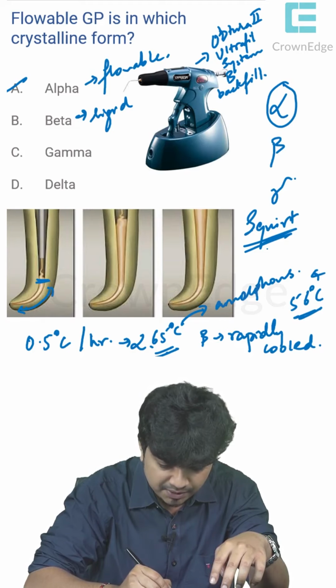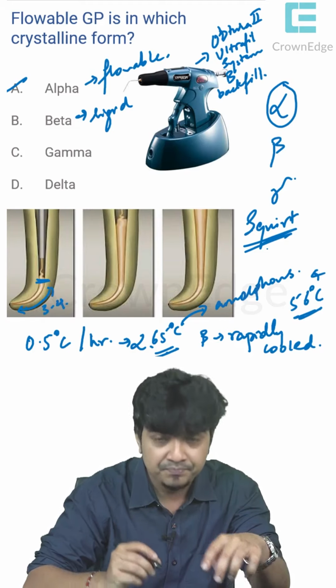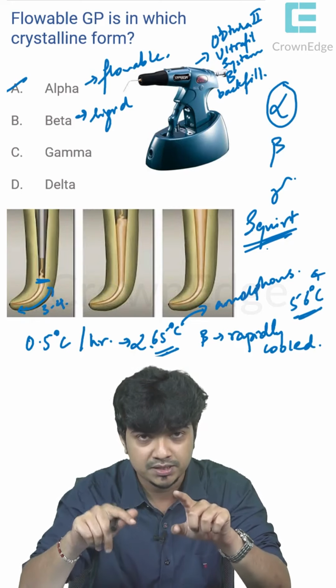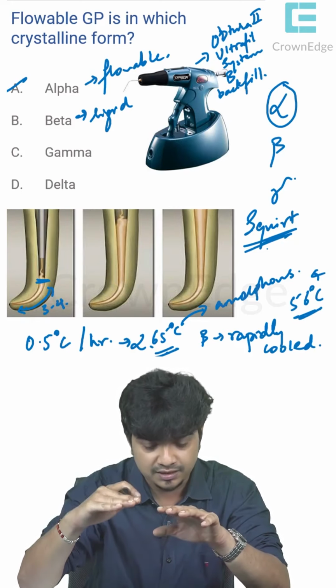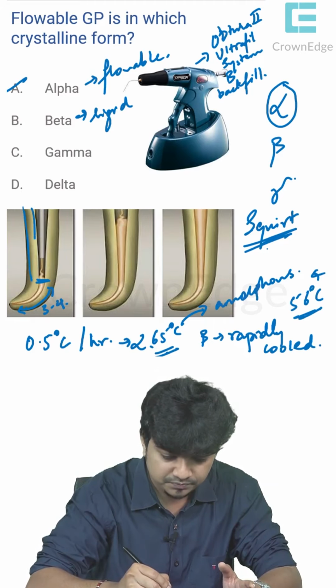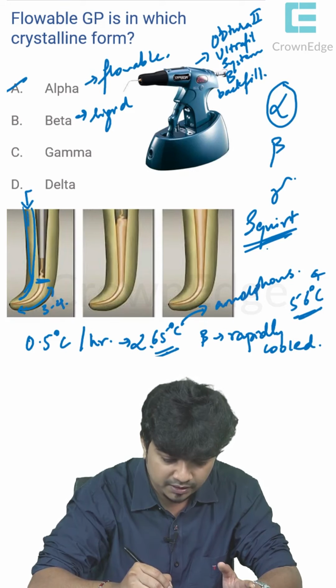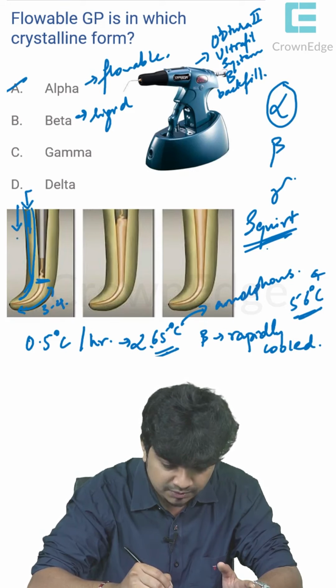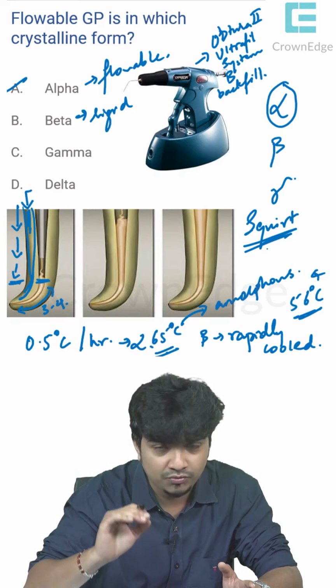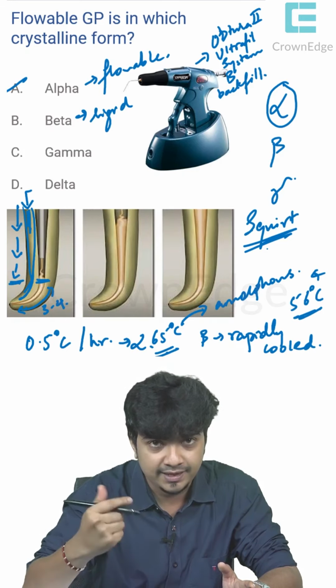The last apical 3 to 4 mm is done using warm vertical condensation, in which pre-fit pluggers are used to condense the gutta percha. So if you have the entire cone in the root canal system, you use the heated plugger to exert pressure until the last 3 to 4 mm is reached, after which you let it cool down for approximately 1 second and then you remove the plugger.